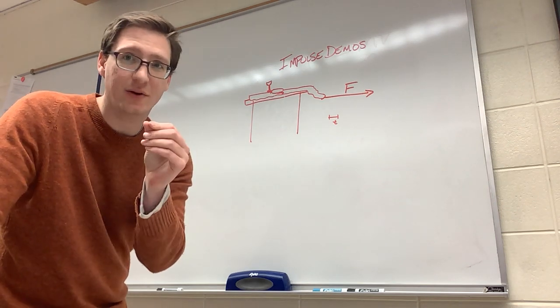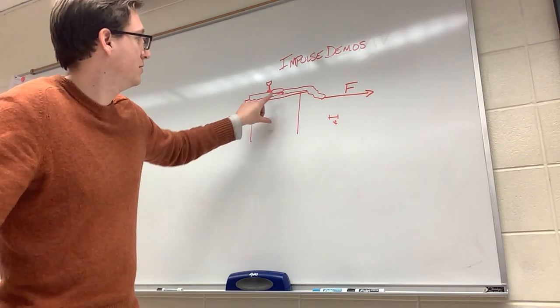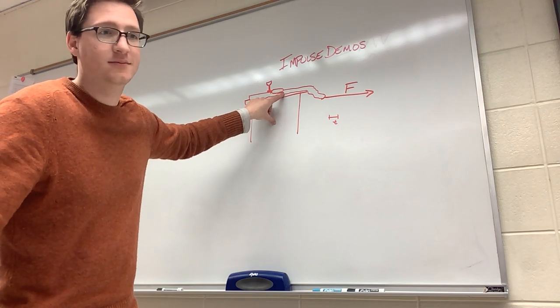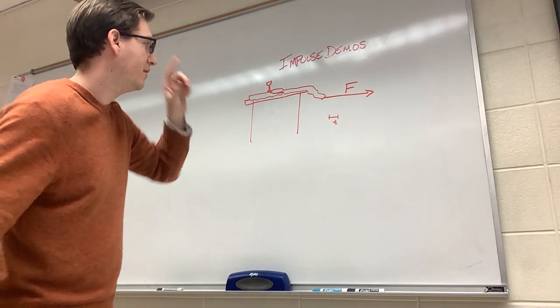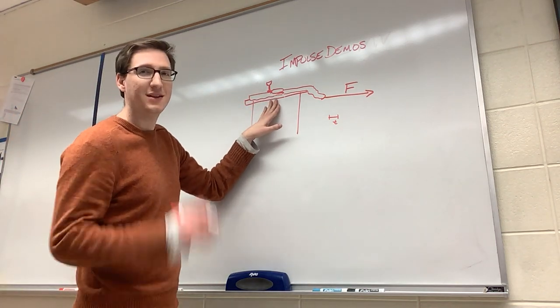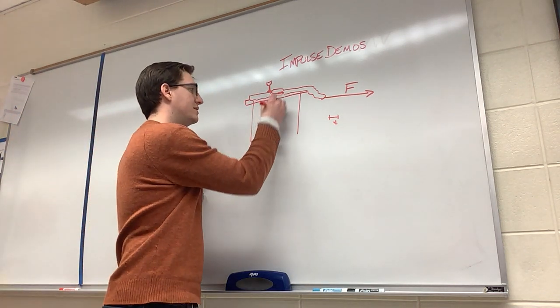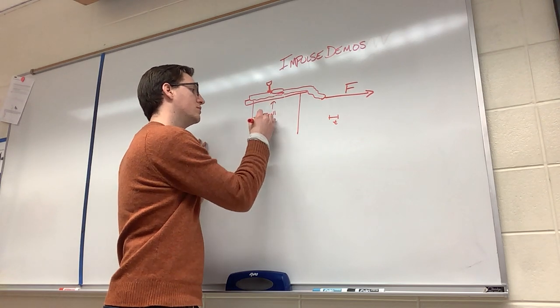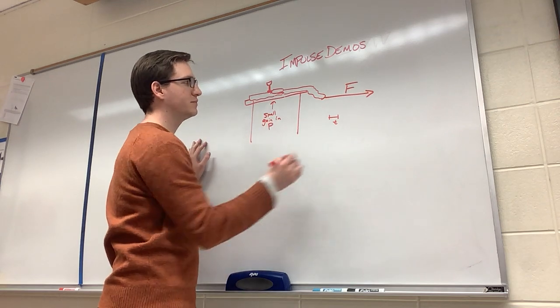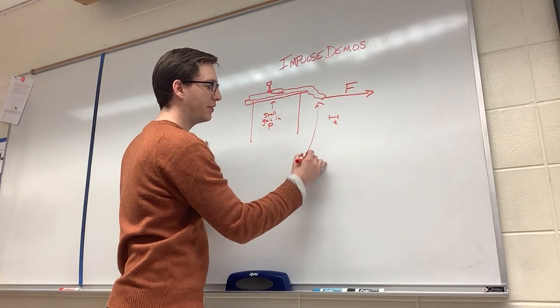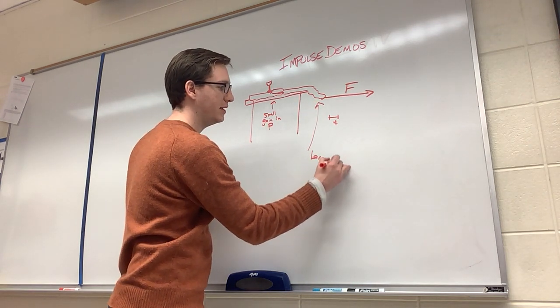And they will experience a small force from the friction. They will. But they'll experience it for such a small time that they have a small gain in momentum, but the tablecloth has a large gain in momentum.